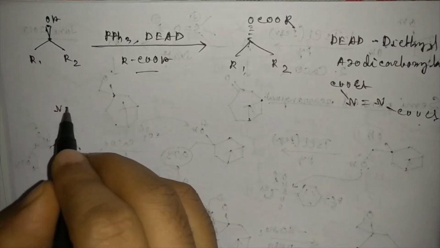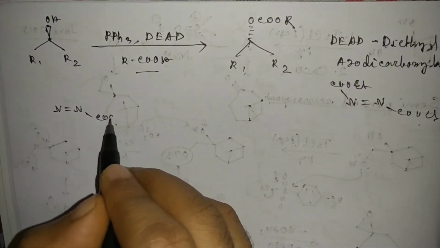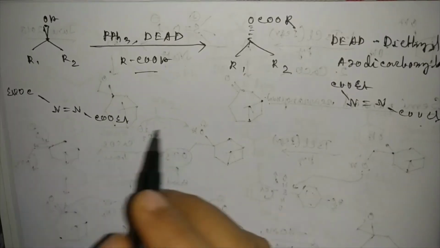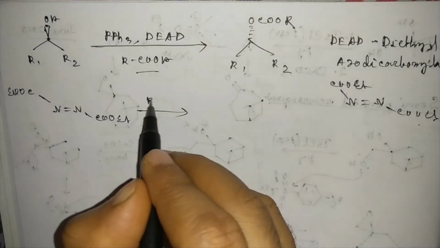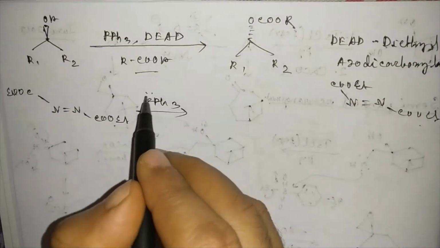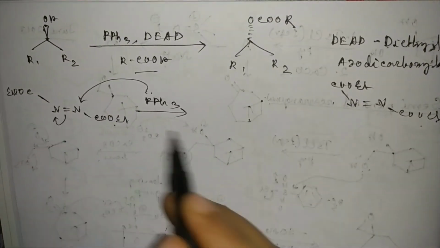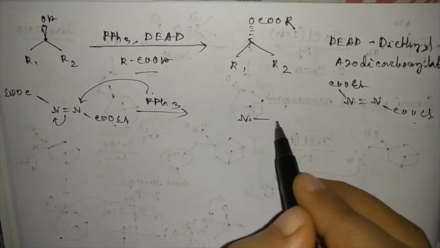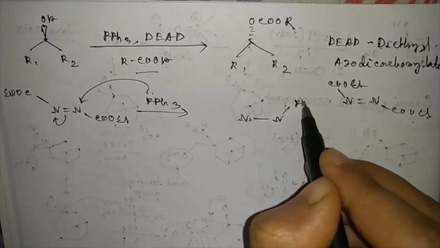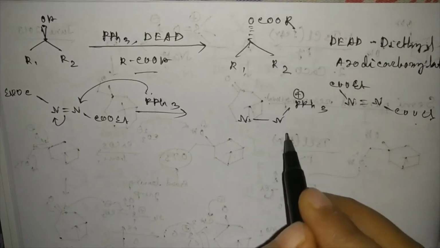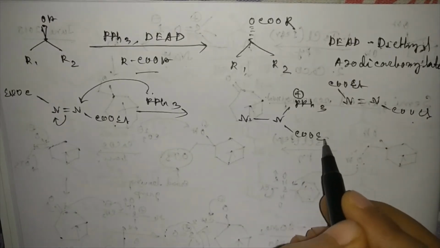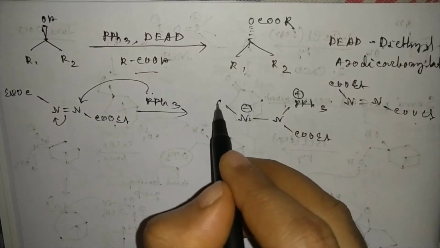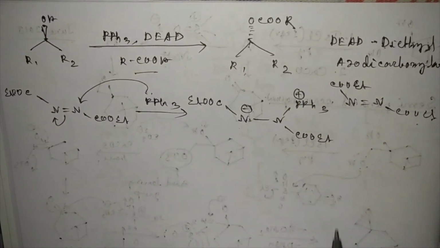So first, PPh3 will attack the diethyl azodicarboxylate, giving PPh3 plus, and the other nitrogen will be negative with COOEt.